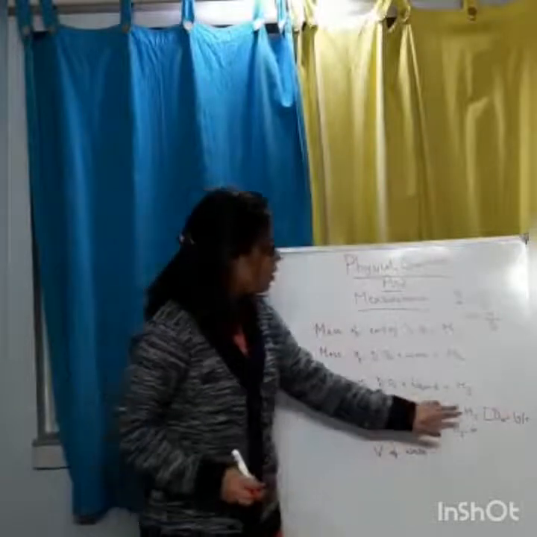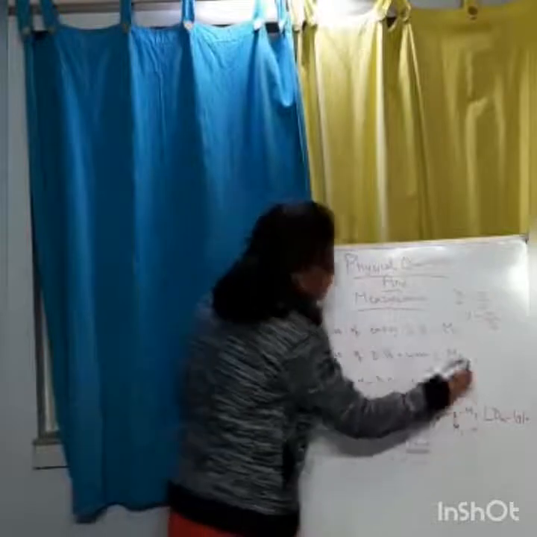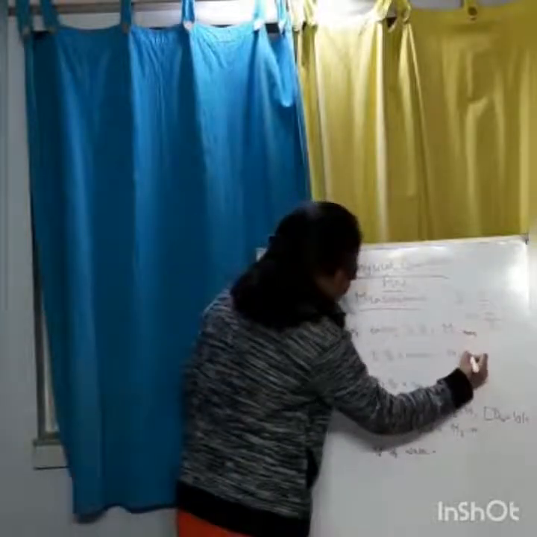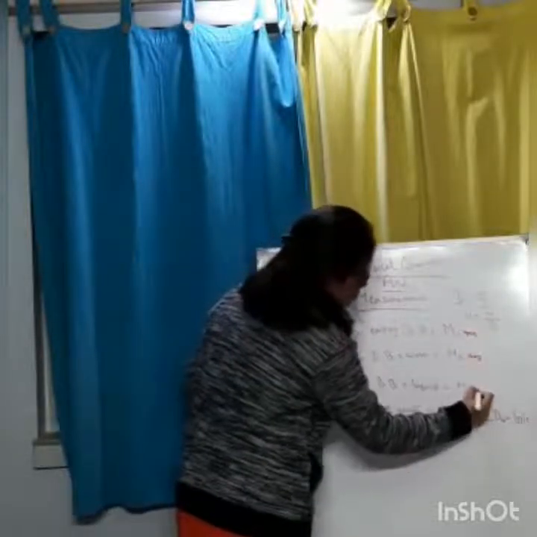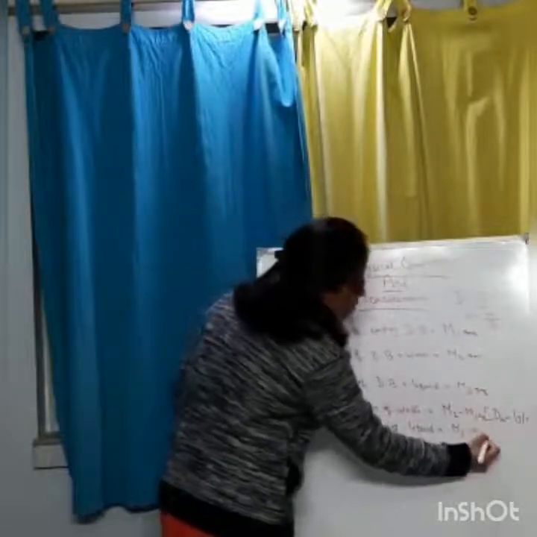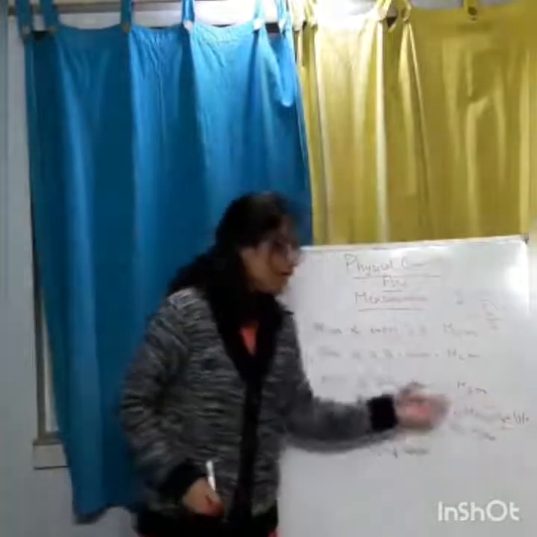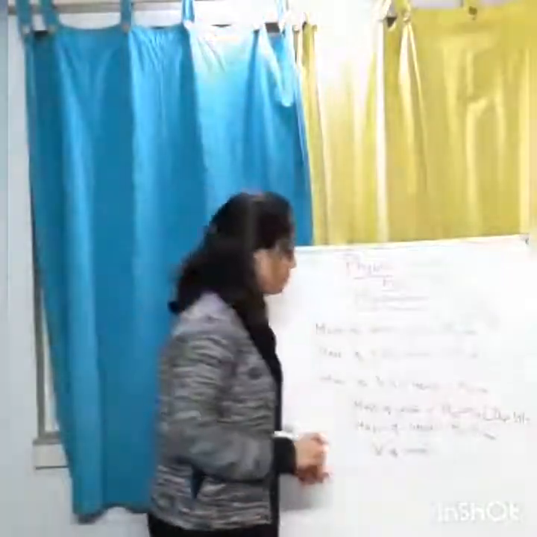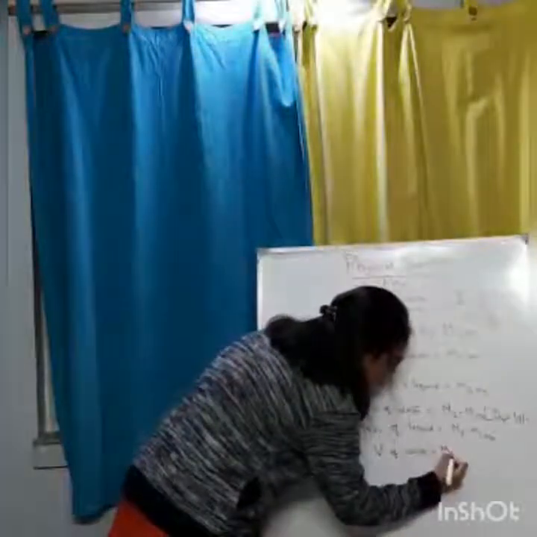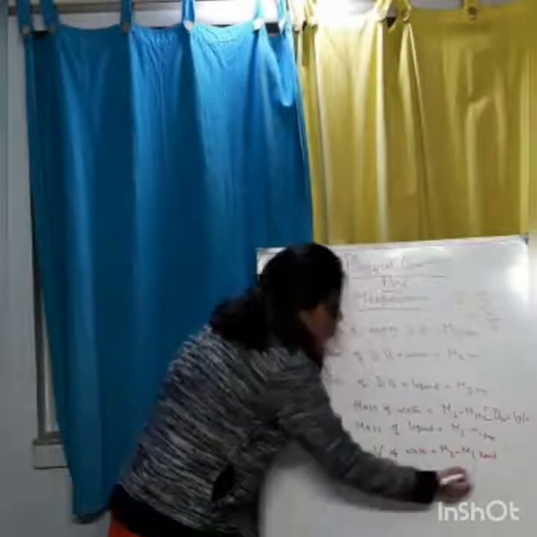M2 minus M1. What is the density of water? 1 gram per cc. So M2 minus M1, all of these are in grams. So we have the mass, which is M2 minus M1. We divide it by 1 gram per cc. We get M2 minus M1 centimeter cube. This is the volume of water.